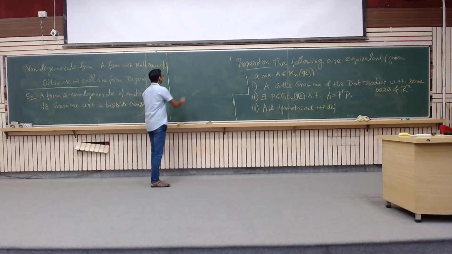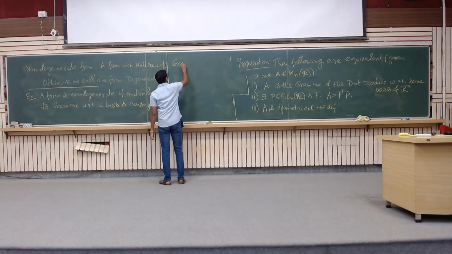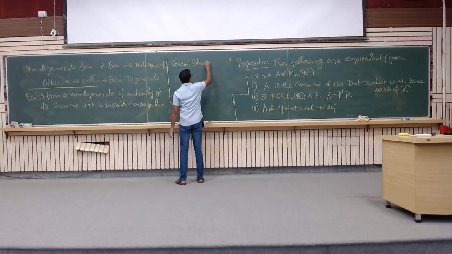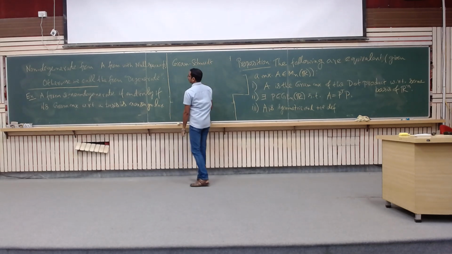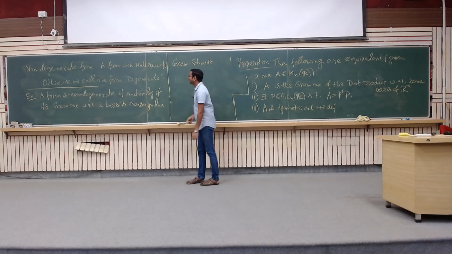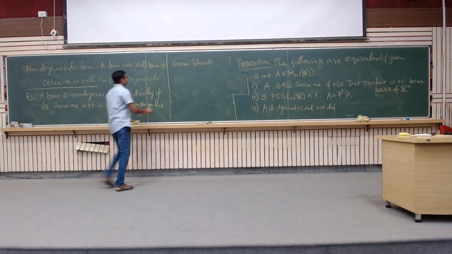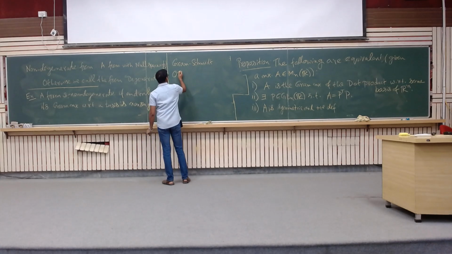Okay, so now we are going to learn something which is called Gram-Schmidt. We haven't defined what is an orthonormal basis, did we? Neither an orthogonal basis, did we? Okay, so an orthogonal basis first, because it's called the Gram-Schmidt orthonormalization procedure.